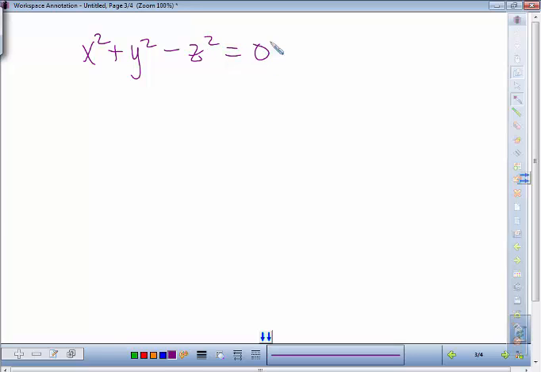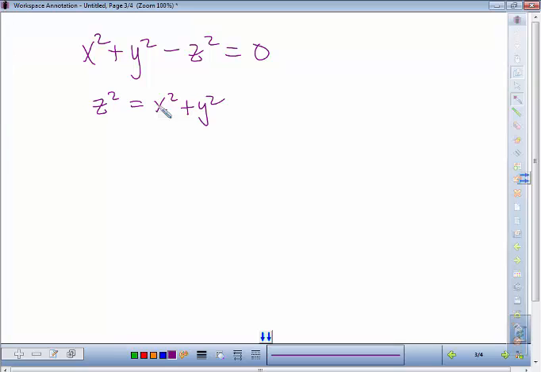Usually cones are seen a little bit differently. Instead of writing the equation like this, they usually put the z on the other side. And if you don't have an extra constant laying around, usually you make two of the variables positive and you get the other one on the other side. And then you have something like this.